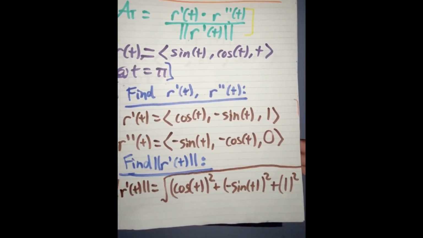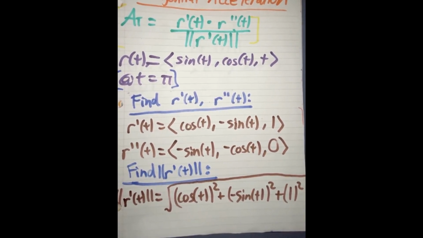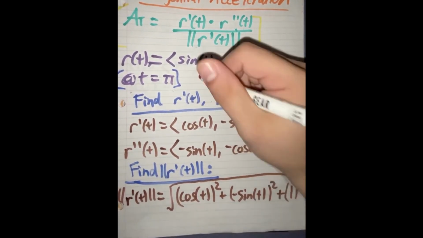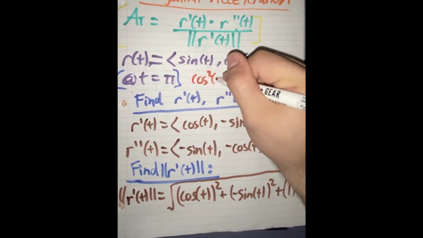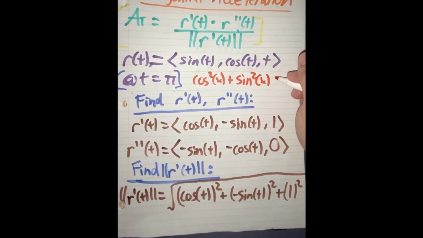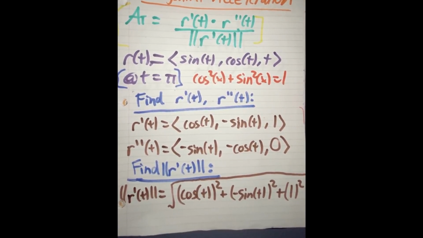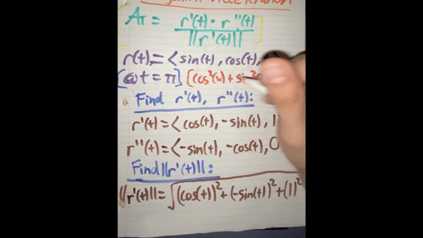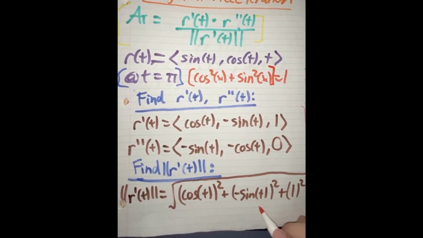Now, the trick to this one is knowing that cosine squared x plus sine squared x is equal to 1. So we can just substitute in 1 where we see these two being added together.